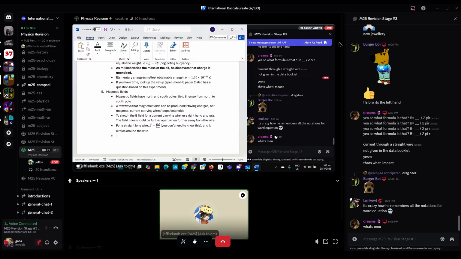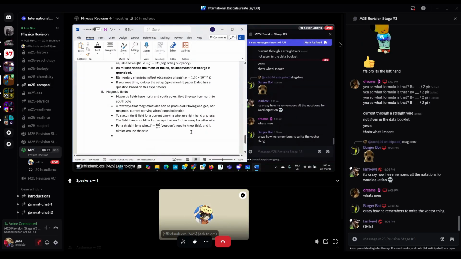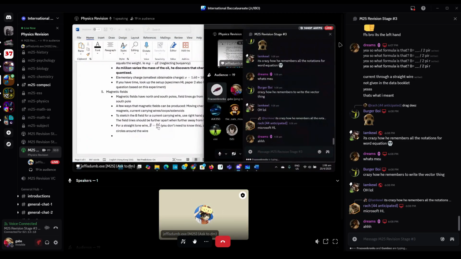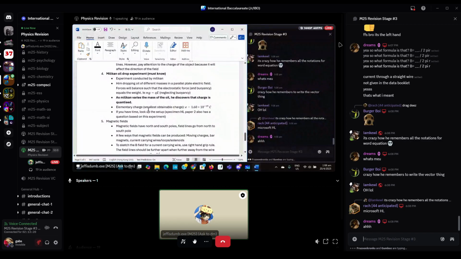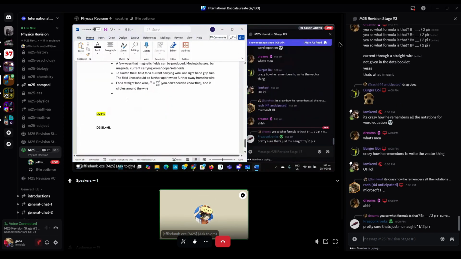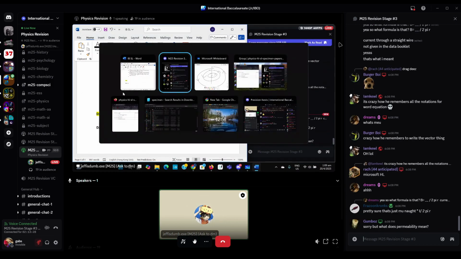So mu naught is the permeability of free space. I have to write the vector notation because you should understand which quantities are vectors and which quantities are scalars. B equals mu naught I over 2 pi r.